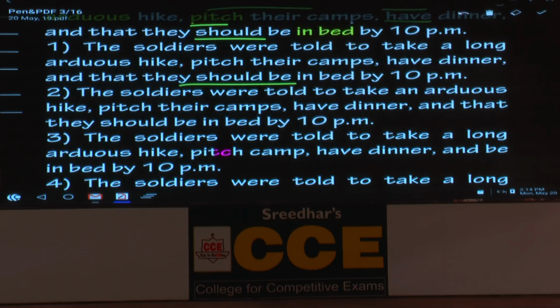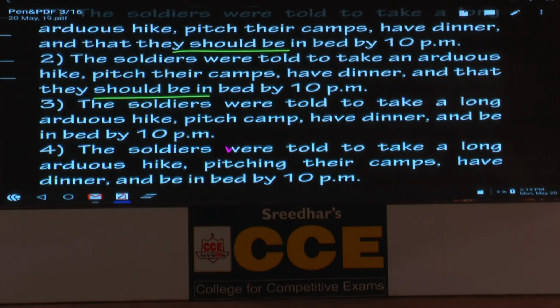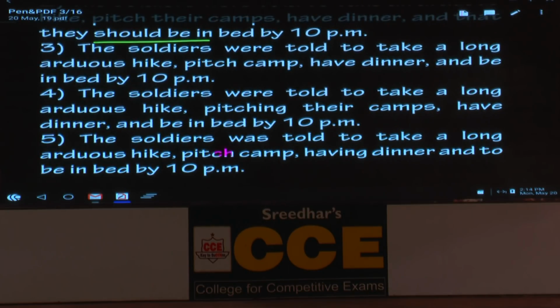We'll go underline should be in bed. What is the 4th one? And please underline be in bed. The soldiers was or were? So not correct. You have to decide between the third and fourth.